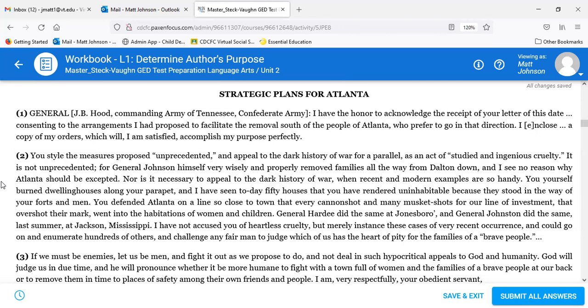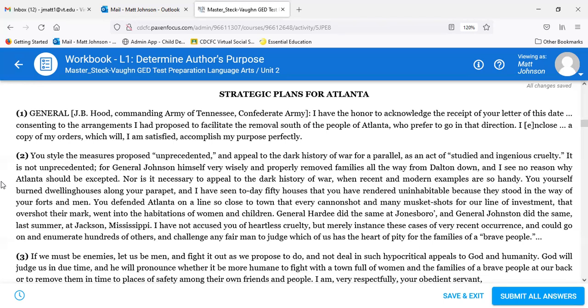You yourself burned down houses along your parapets. And I have seen today 50 houses that have been rendered uninhabitable because they stood in the way of your forts and men. You defended Atlanta on a line so close to town that every cannon shot and many musket shots from our line of investment that overshot their mark went into the habitations of women and children.